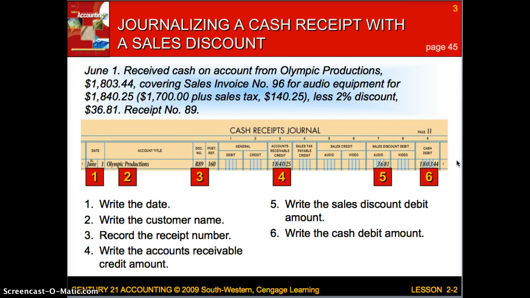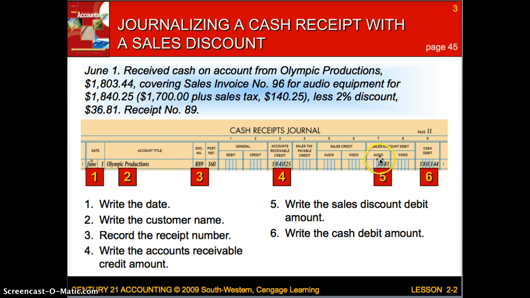On June 1st, we received cash on account from Olympic Productions 1803.44, covering sales invoice number 96 for audio equipment 1840.25, which is $1,700 plus tax of $140.25 less a 2% discount $36.81. You guys should know exactly how to do this. You'll write your date, you'll write the customer name, record the receipt number, which is R89, write the accounts receivable, which would be 1840.25. This is the amount we are receiving.